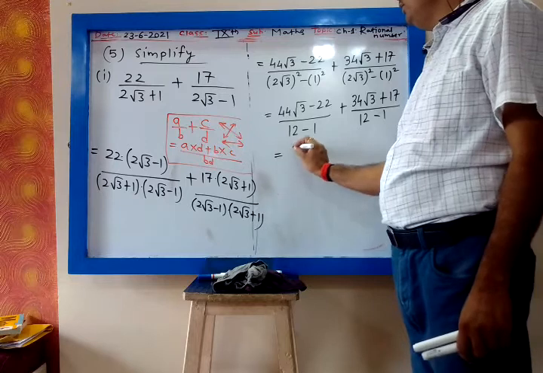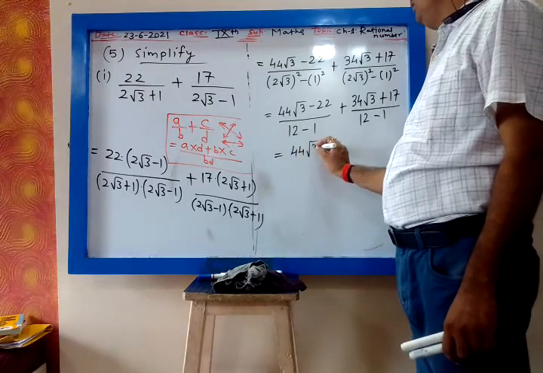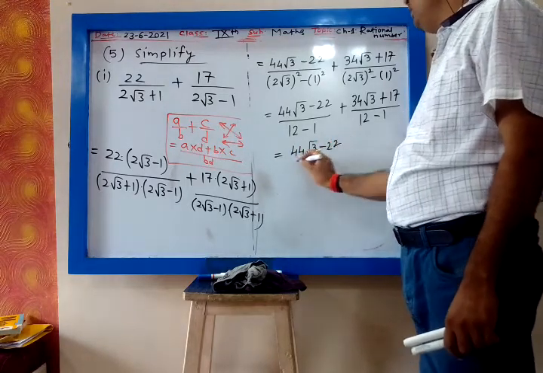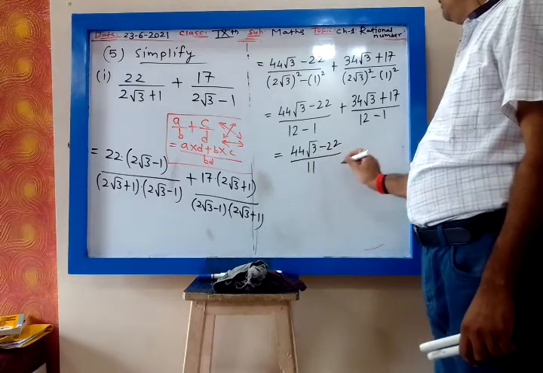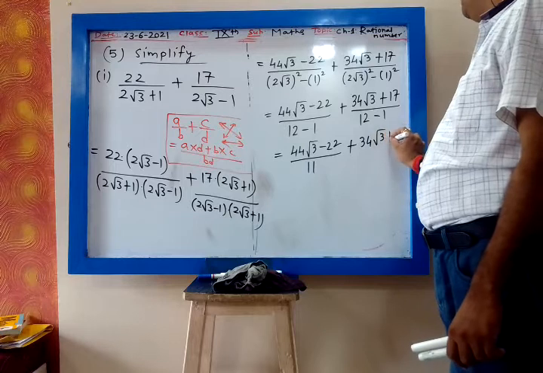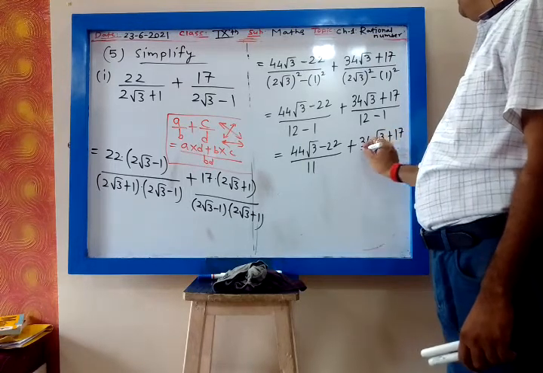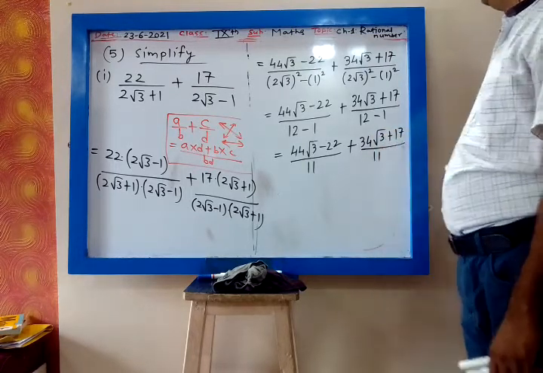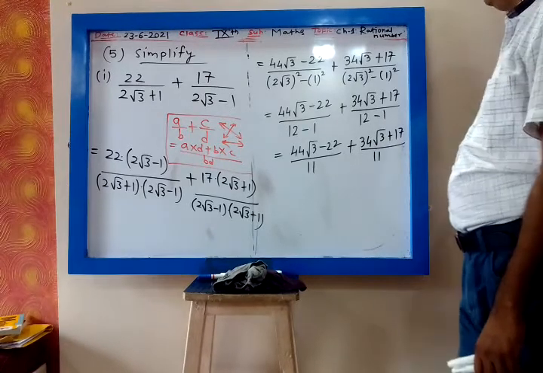So this is 44 root 3 minus 22 upon 11 plus 34 root 3 plus 17 upon 11, correct?